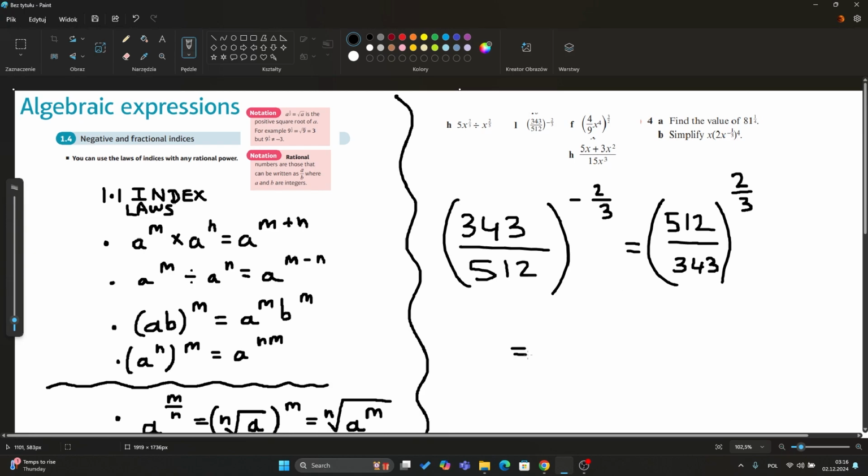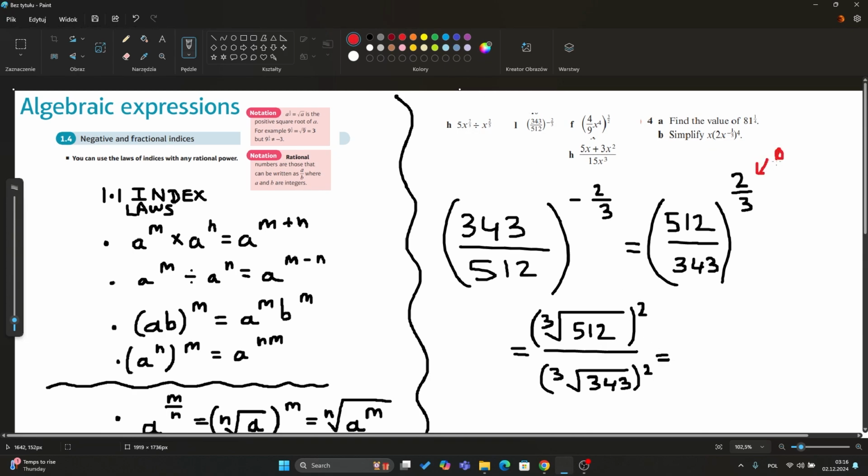Now what happens here is that we cube root the 512 and cube root the 343 and power them by 2, because this is the power and this is the root, and it applies to both the bottom and the top.